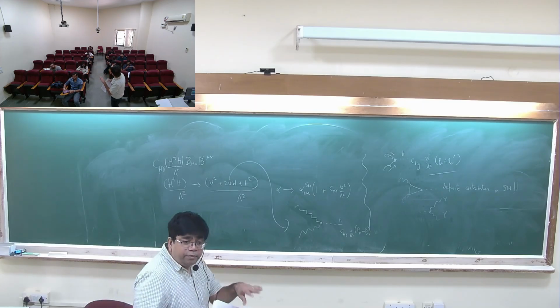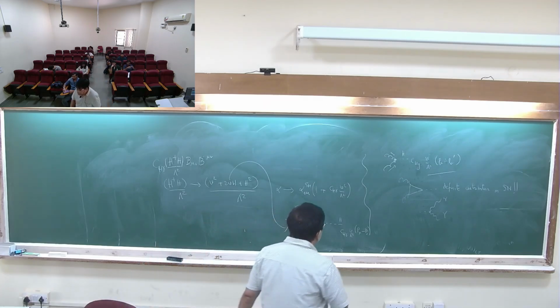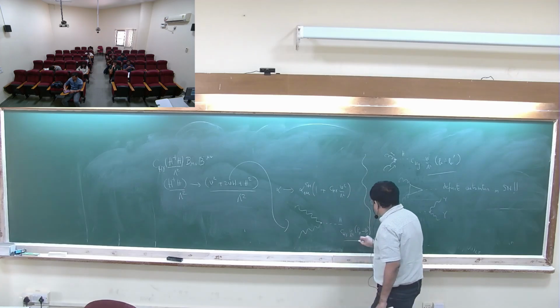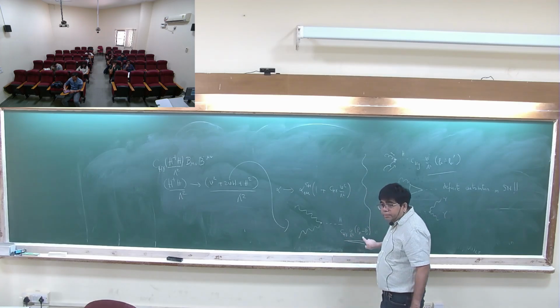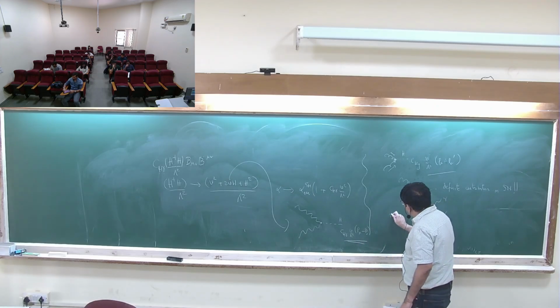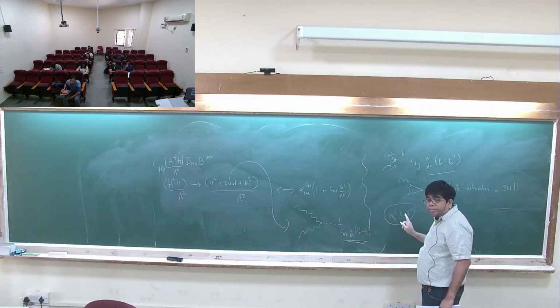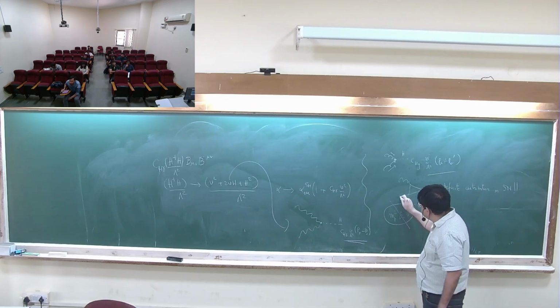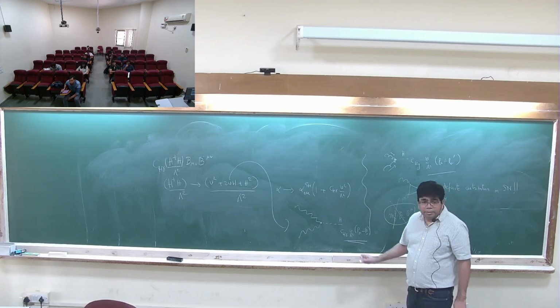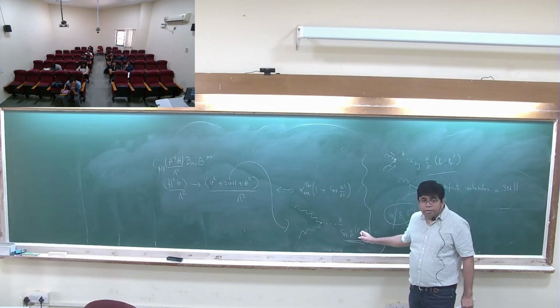This is the broken phase. This is the coupling with p mu, a derivative coupling. It is not an m gamma square A mu A mu term in the Lagrangian. Remember, this is not that term in the Lagrangian. You are thinking in terms of a fermion mass term. It's not a fermion mass term.